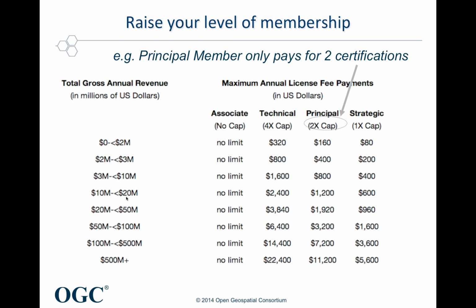So let's say you have about 10, 20 products, and if you are principal, you only pay for 2 products. All the others come as part of your principal membership. If you're strategic, you only pay for 1. The others, you don't pay. So even if you have 100 more products, you can get them all certified and you don't pay because of your membership level.